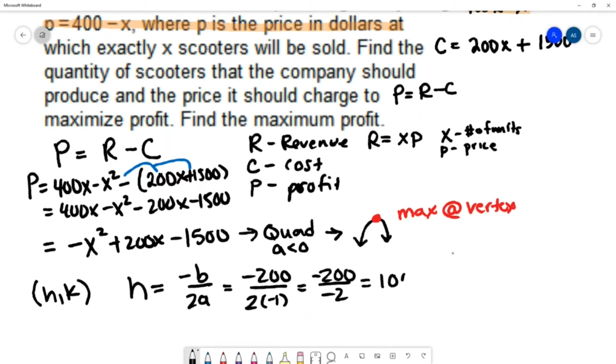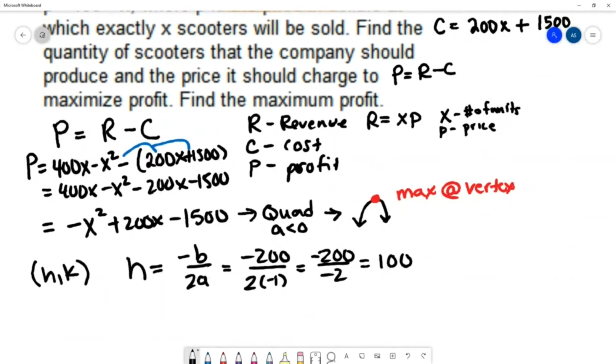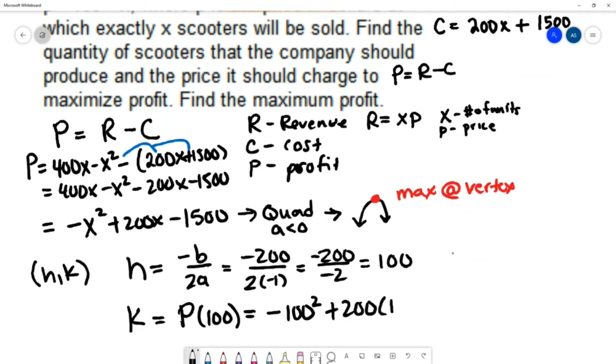And that is 100. Then we can find K by substituting 100 into the profit function. So 100 into the profit function will be negative 100 squared plus 200 times 100 minus 1,500. And I'll use my calculator to work that out.